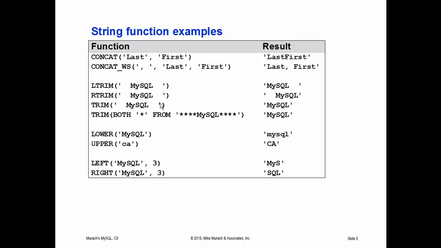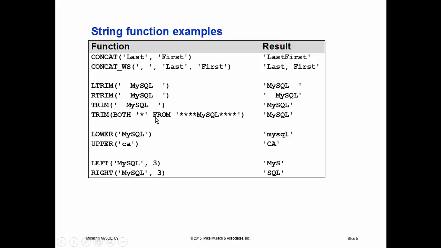Concat concatenates the specified strings. If one is null, the result is null. Concat WS concatenates the strings with a specified separator added between them. In the second example, the separator that we want between these two things is a comma followed by a blank space, and that's what you can see here.